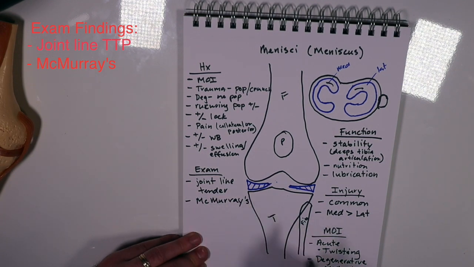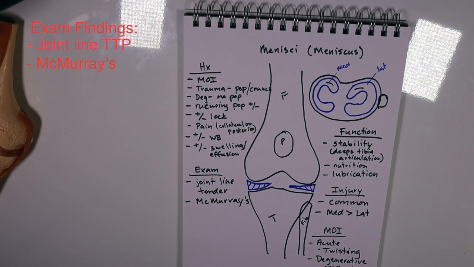Now there are numerous variations of McMurray's. If I'm not mistaken, the original description of the test involves flexion of the knee. At the same time, you're rotating the tibia internally and externally with one hand, and the other hand with the fingers in the joint lines of the knee, and you're feeling for a pop, a painful pop. Having a painful pop was a true positive.